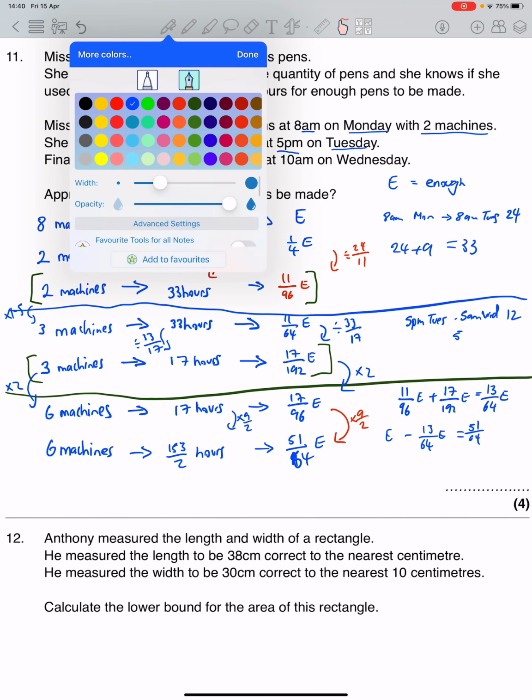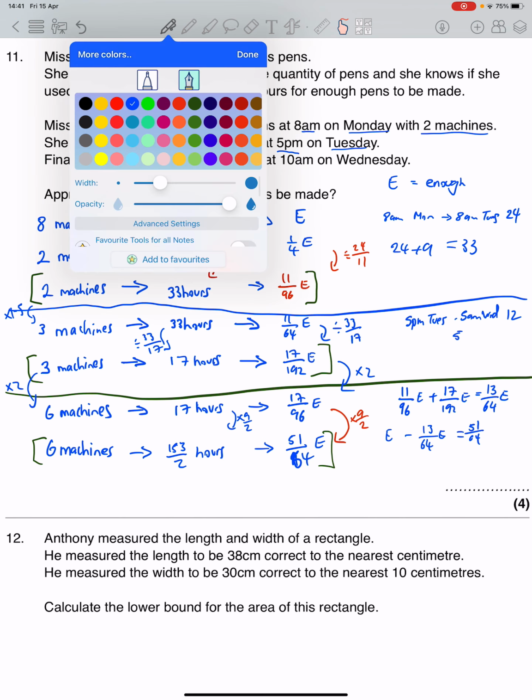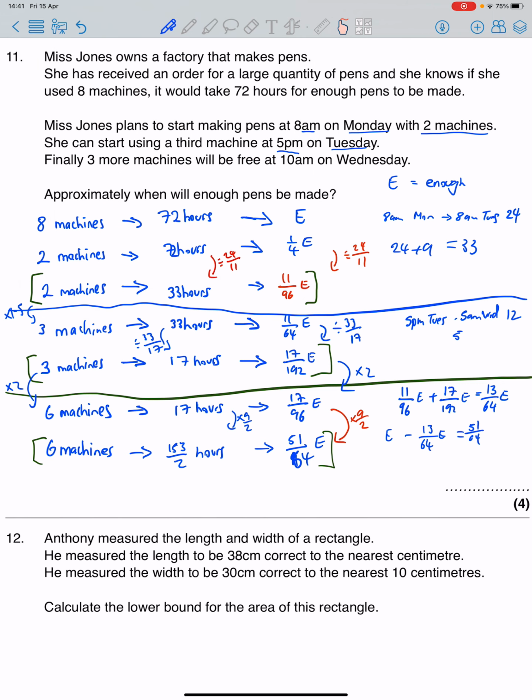So we've got our final piece of information there. So we're nearly there, guys. We're nearly there. So that and that. Okay, and then that means that we can now add up all the times that we have.